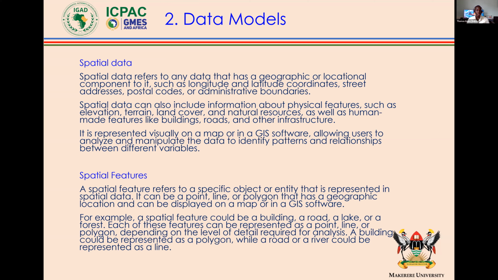Location component can be in terms of latitude and longitude coordinates. It can be in terms of a street address. Let's say plot 67 industrial area. That is a location information already.